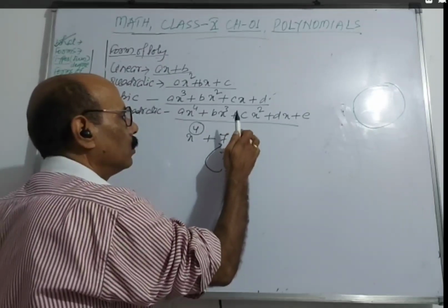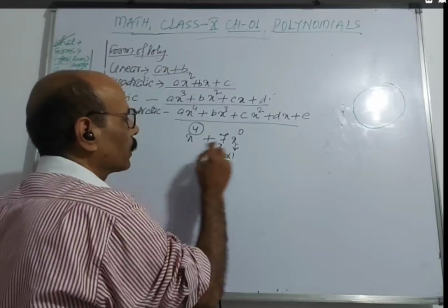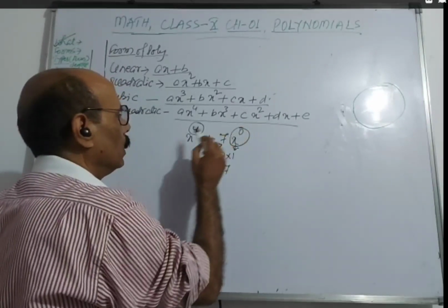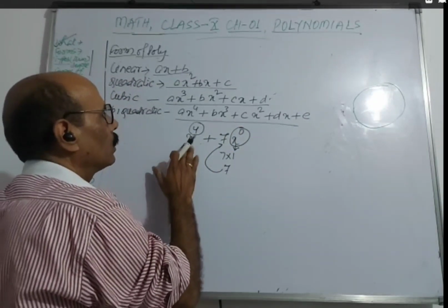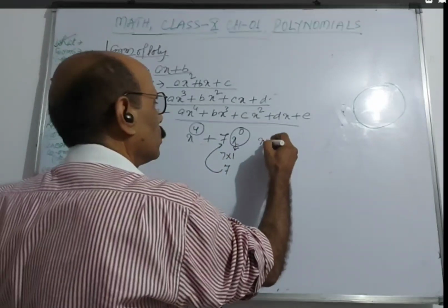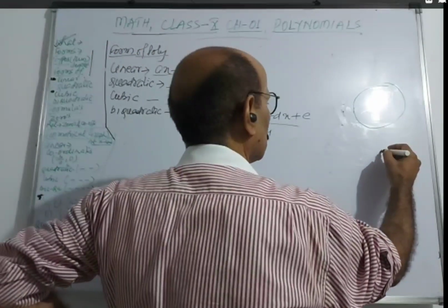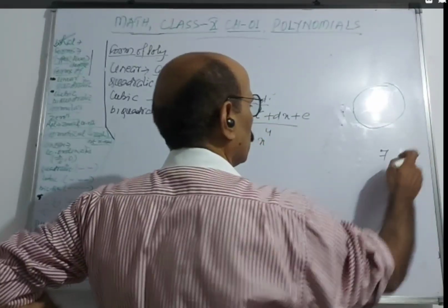And x to the power 0 is not written. So here only x to the power 4 and 7 are written, where x to the power 0 is deleted.